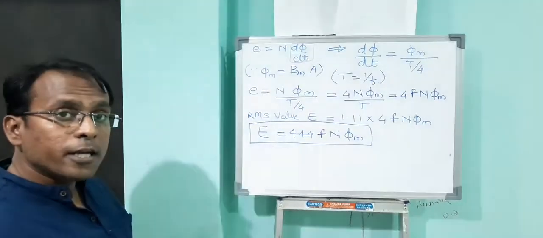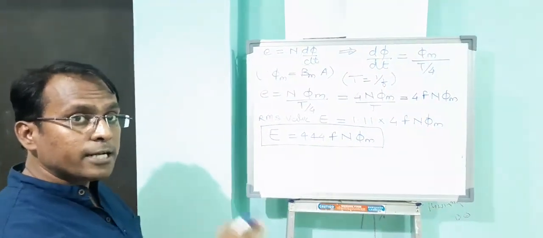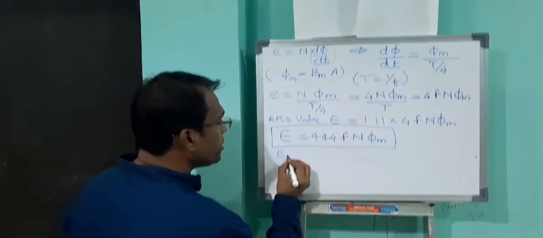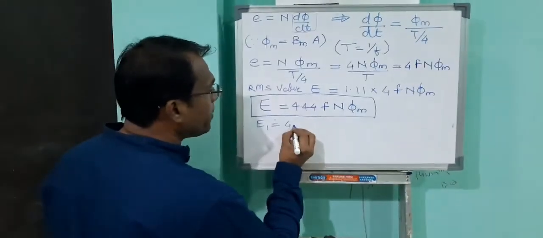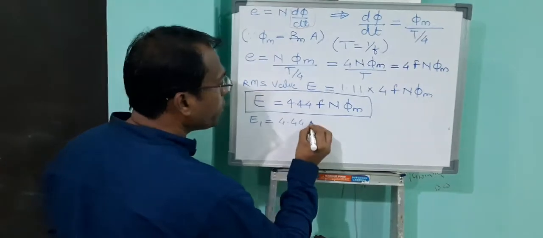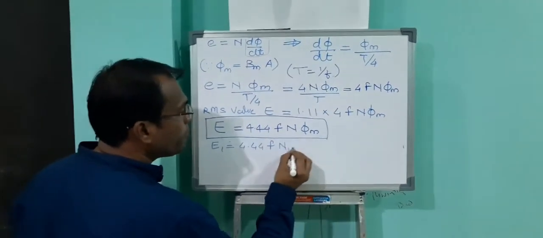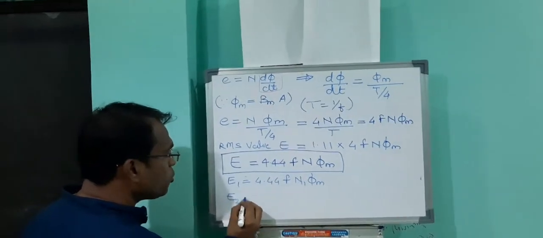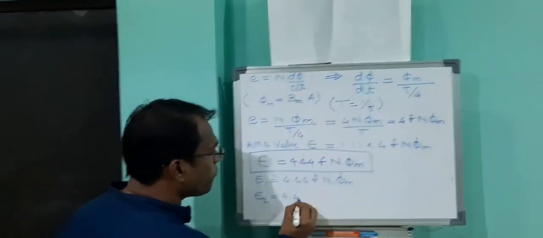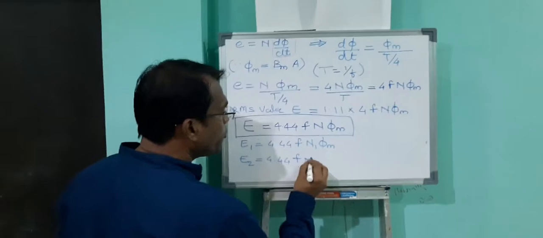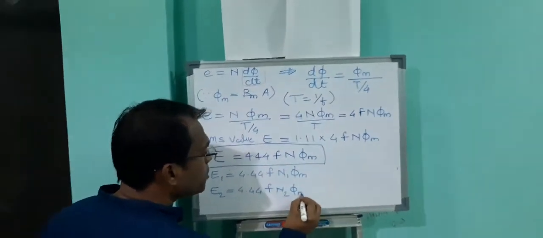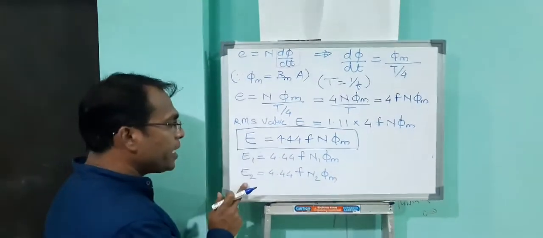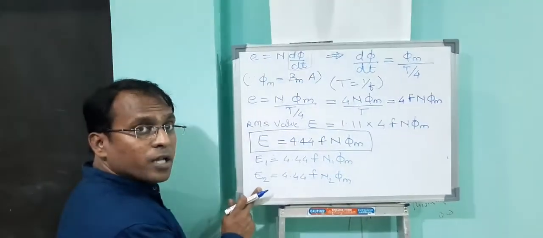And if you are considering induced EMF in primary side and secondary side separately, then I can write E1 is equals to, for primary side, 4.44 f n1 phi m. And for secondary side, E2 is equals to 4.44 f n2 phi m. So these are nothing but the EMF induced across primary side and across secondary side.